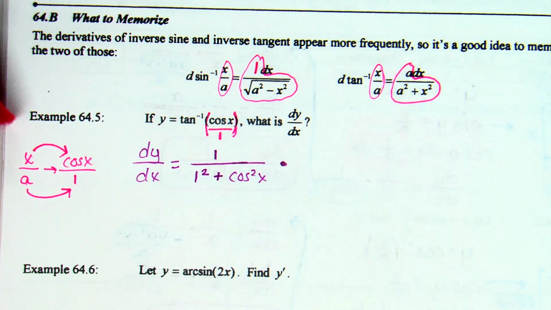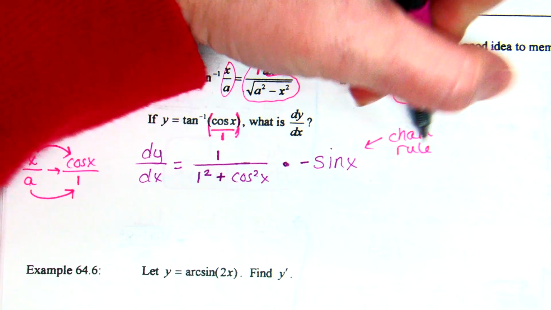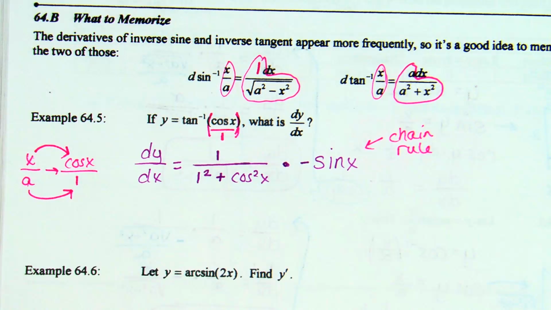What's the derivative of cosine x? Negative sine x. So that negative sine x right there is a result of chain rule. Anytime your variable is something other than just a 1x, you have to take the derivative of it.